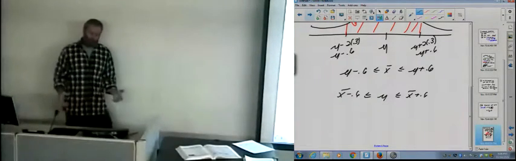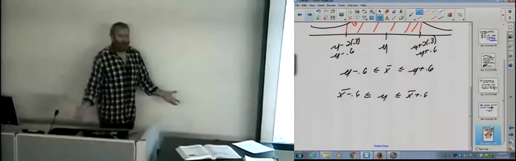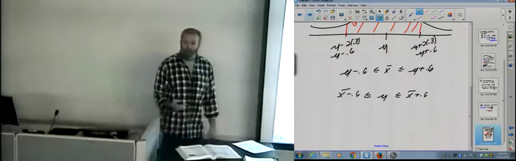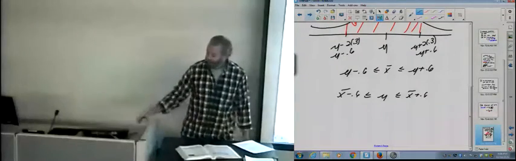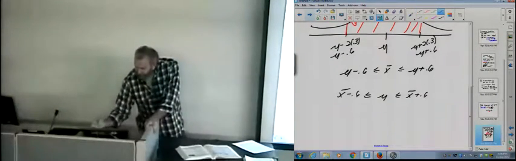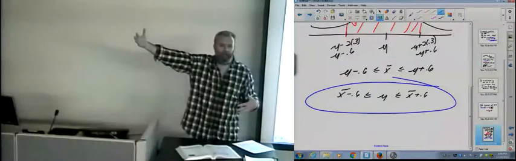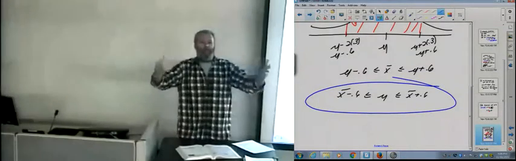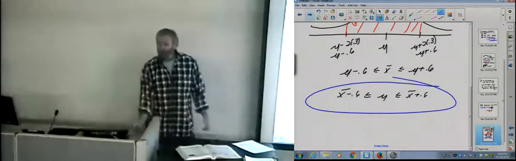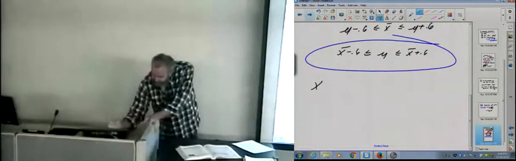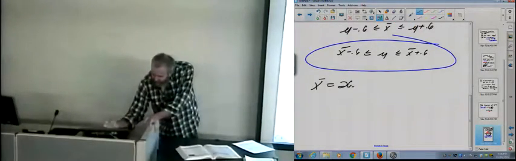Now look, I try to remember where I'm at all times. You don't want to see me solving those inequalities for mu, but if you do, you get the one down here. You see this right here? Do I have mu pinned down? Hell, I got mu between x bar minus 0.6 and x bar plus 0.6, right? Mu is the thing you're trying to estimate. Remember, we know x bar is 26.8.